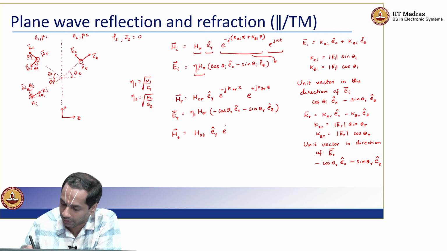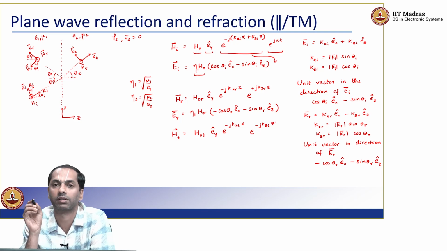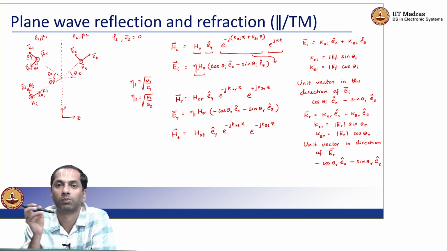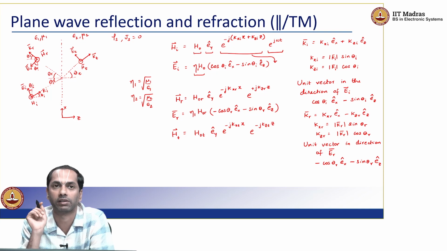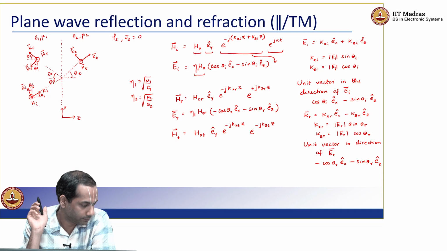Here we have e to the minus j kxt x and e to the minus j kzt z, because it is propagating in both positive z and positive x. So, the transmitted wave looks very similar to the incident wave in terms of the orientations of the vectors, but the angles can be different.